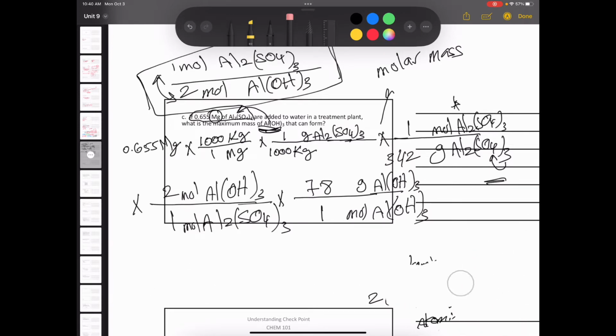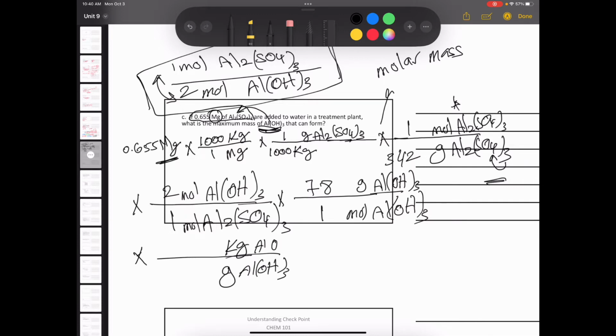So now I have grams of aluminum hydroxide. What did I start with? I started with a megagram. So I need to make my way back from grams into a megagram. So what I will need to do, I'll have to multiply first kilograms into grams of AlOH3.